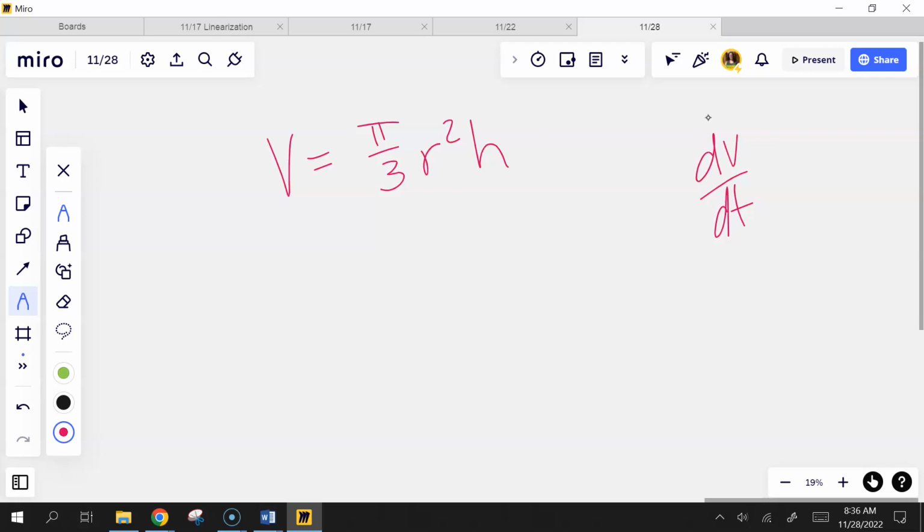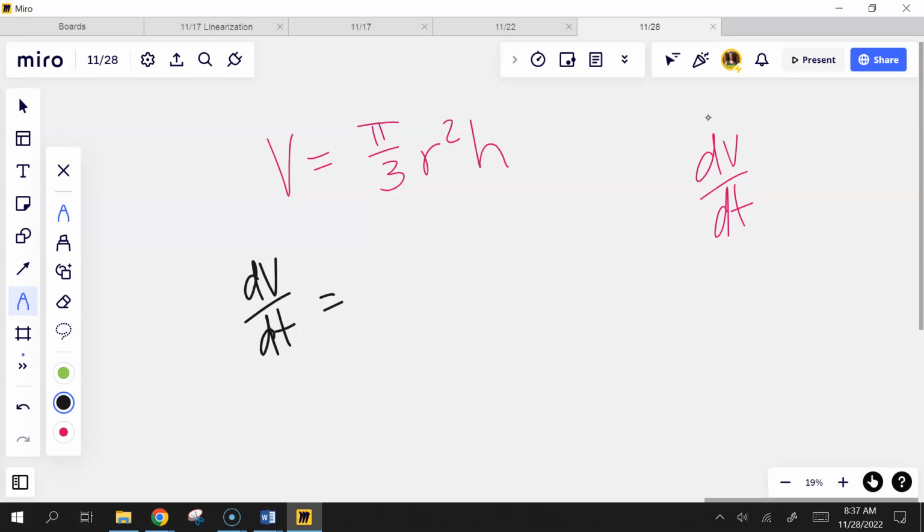You get it? Okay. Actually, maybe not. Okay. We're going with respect to t, right? So every variable, we're going to take the derivative with respect to t.